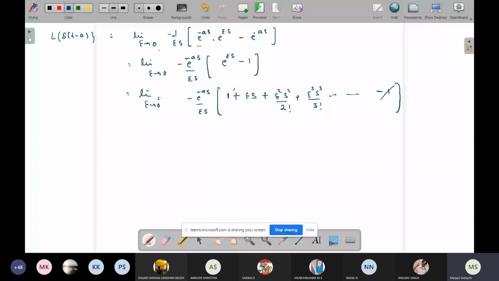So minus 1 and minus 1 cancel, right? Limit epsilon tends to 0. This epsilon you can multiply inside, so it will cancel. That means e power minus as.